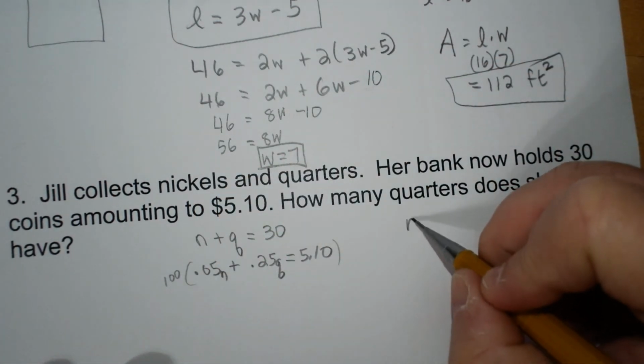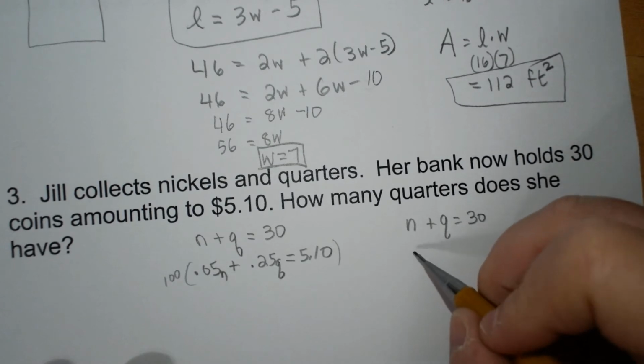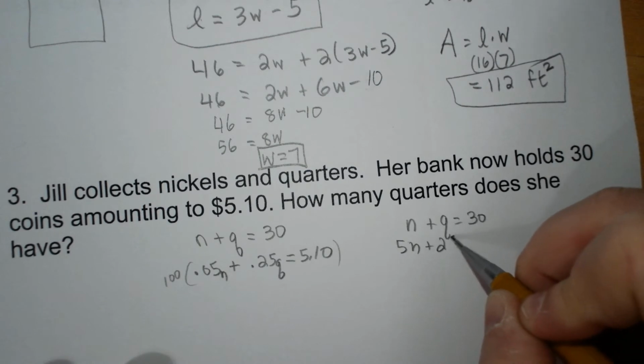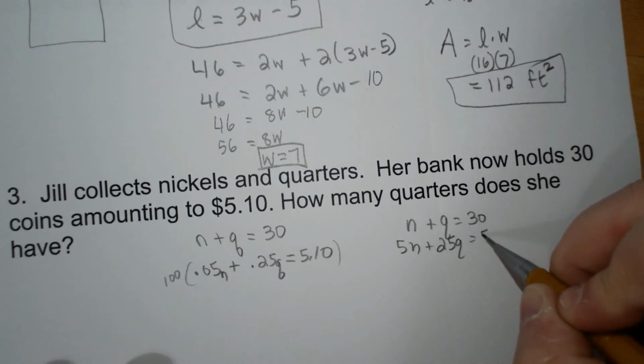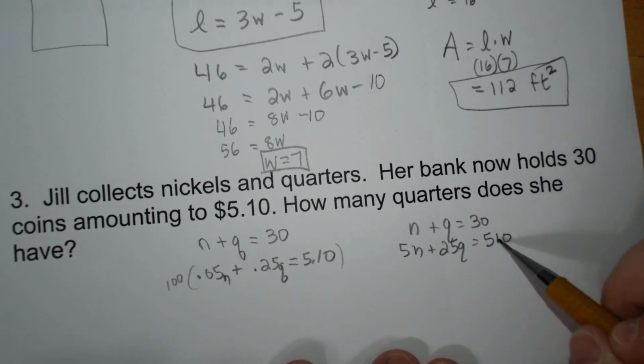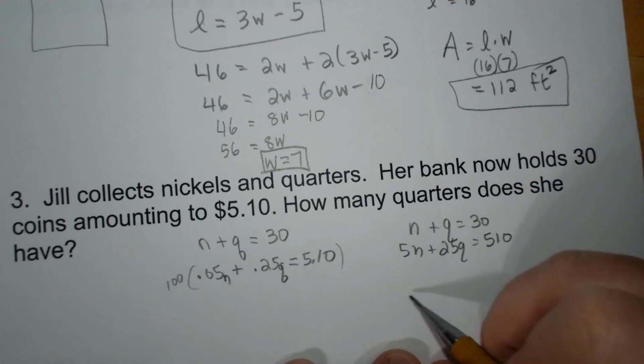Just don't like them. N plus Q equals 30. 5N plus 25Q equals 510. I don't like the bigger number on the bottom because I'm going to make it disappear. So I'm going to flip them.